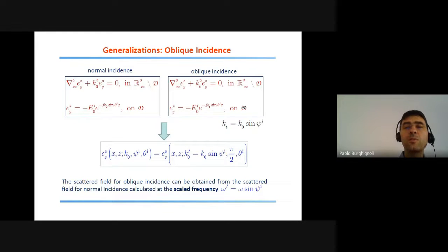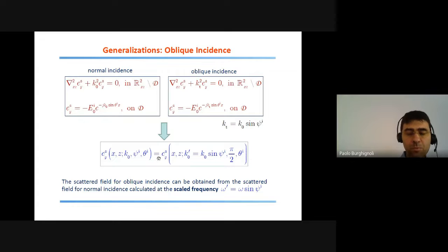The only thing we need to do is to replace k0 with k sub t, which means that if you know the scattered field for normal incidence, then you may immediately evaluate the scattered field for oblique incidence, because what you need to do is to evaluate the scattered field for normal incidence at a scaled wave number, k0 prime, which is equal to our transverse wave number, that is k0 times the sine of the incident angle psi I. Here you see pi over 2 because we are considering normal incidence, and theta I as further arguments of the scattered field on the right-hand side.